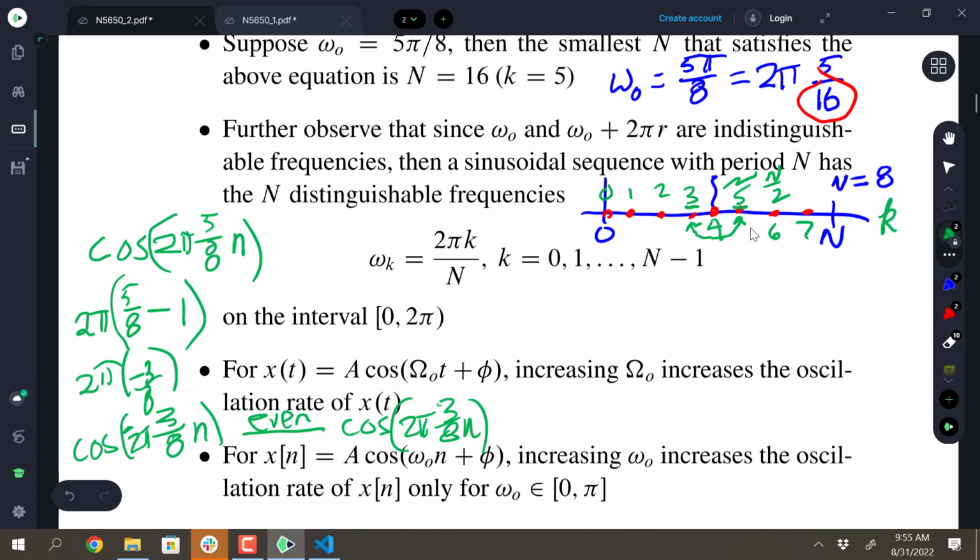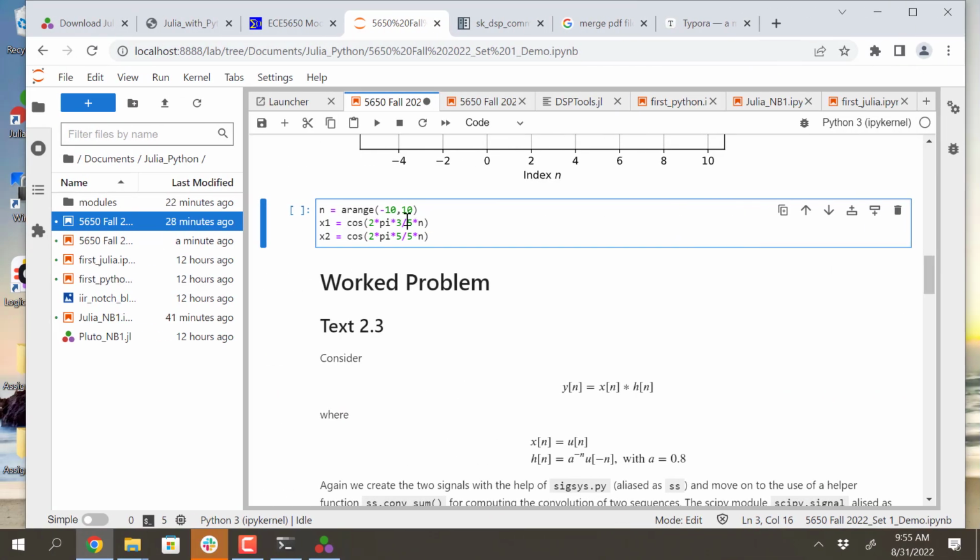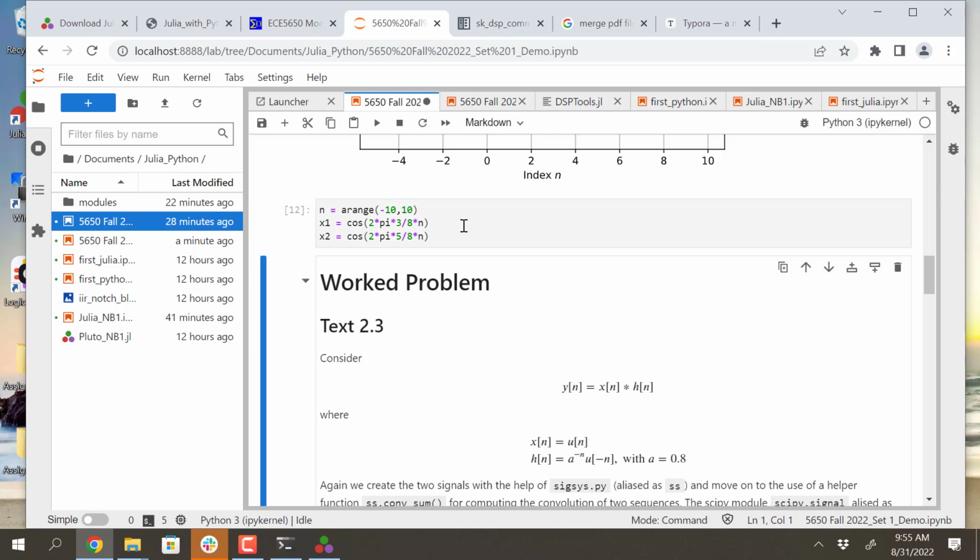Remember me doing that? I was doing the math of that, so I'm going to create that exact problem. So I guess I better put the 8 in there instead. So I'll just run that.